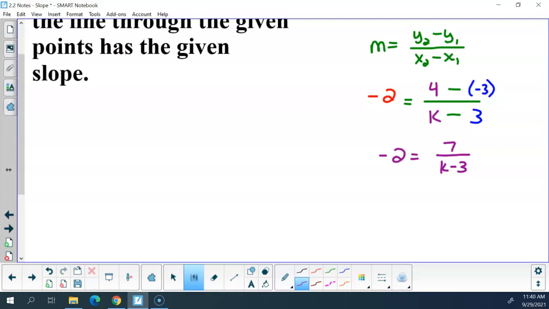Both of those are the same. So let's multiply by k minus 3 on both sides. Then that's going to give me negative 2 times k minus 3 equals 7.